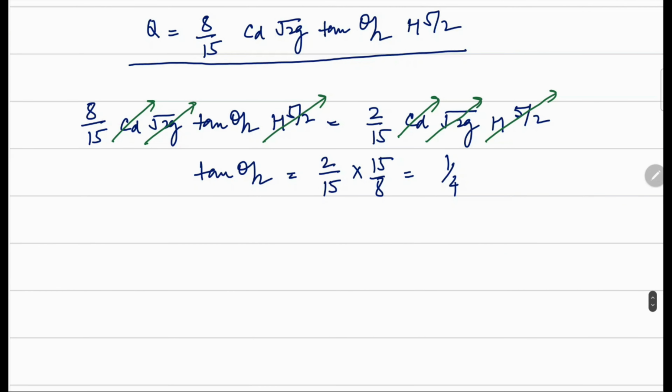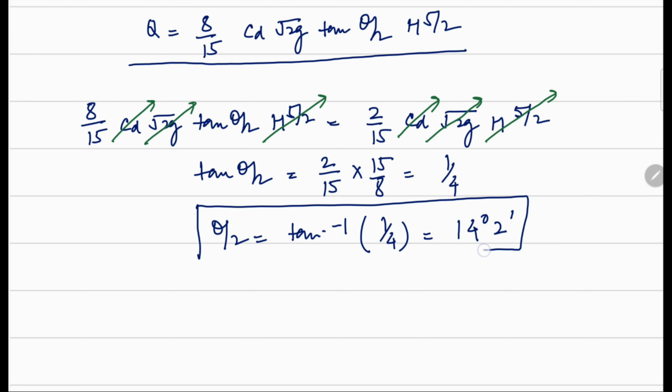So theta by 2 is equal to tan inverse of 1 by 4. That value is coming out to be 14 degree 2 minute. So that was the definition of this one, which is proved over there.